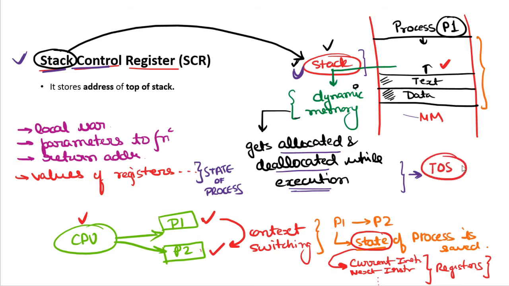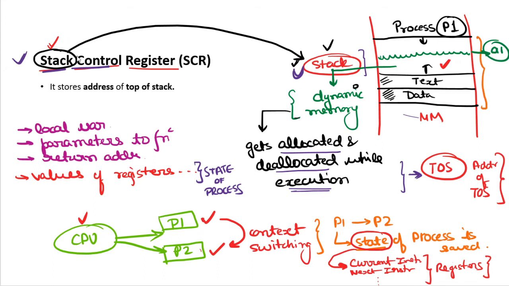If we have the address of top of stack, we are good, we will be able to access this particular stack. It can be somewhere here. Let's suppose address of top of stack is A1.